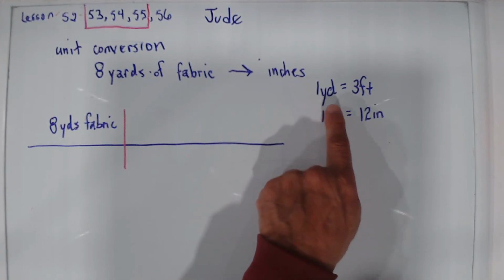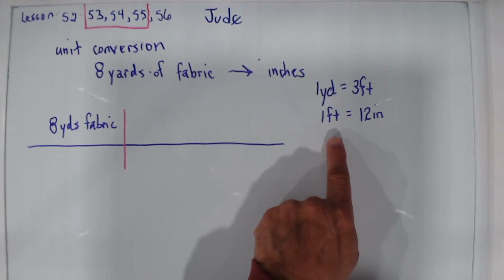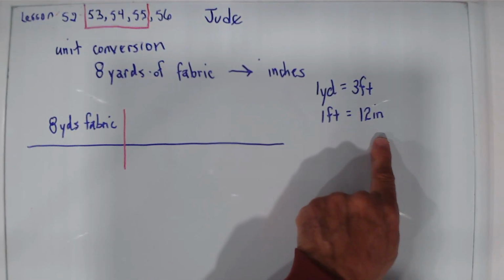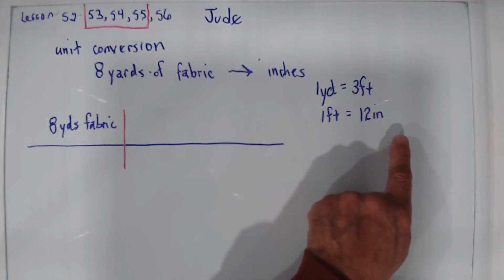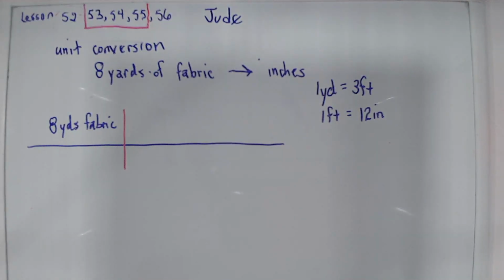Well, we've got yards that will get me to feet, and I've got a conversion here to get me from feet to inches. So there is a path forward to get from yards to inches. And that's always important to do when you're looking at these types of problems. Is there a path to solve the problem?